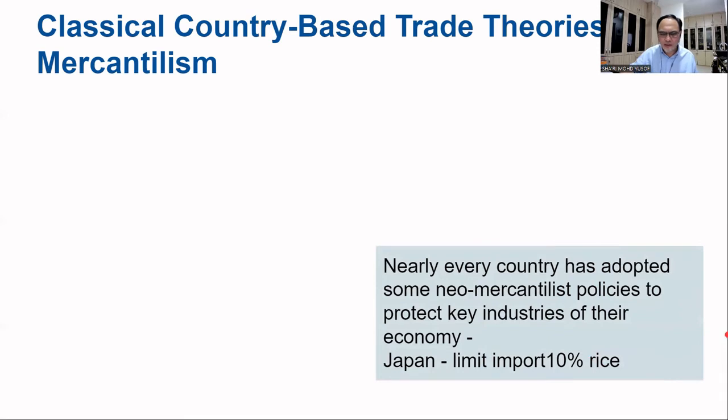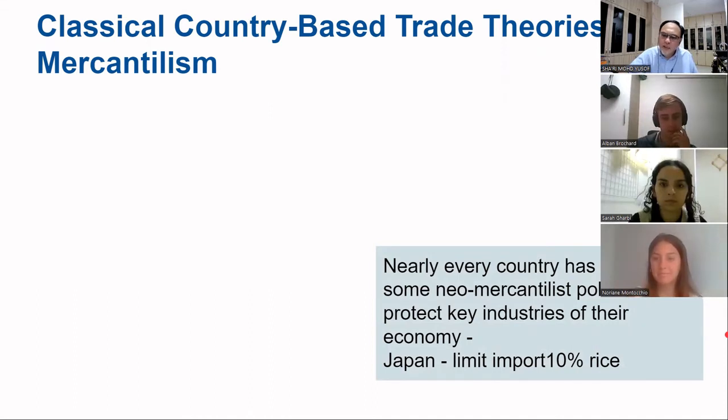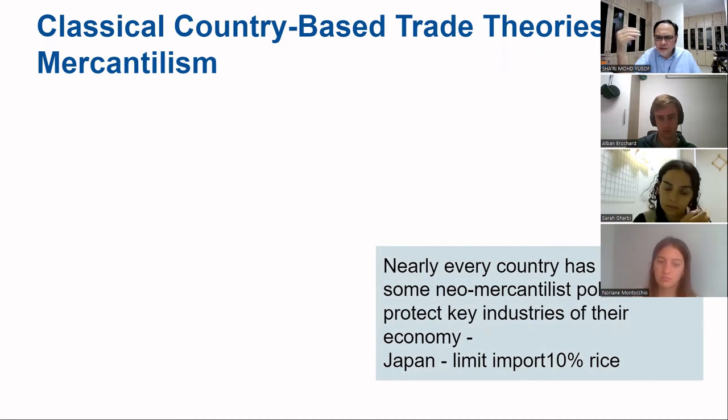Japan, for example, limits import of rice. Recently, I think Indonesia banned the export of palm oil. I don't know if they have relaxed that; I think two weeks ago. You heard about it? There seems to be a global shortage of vegetable oils, and an increase in the price.